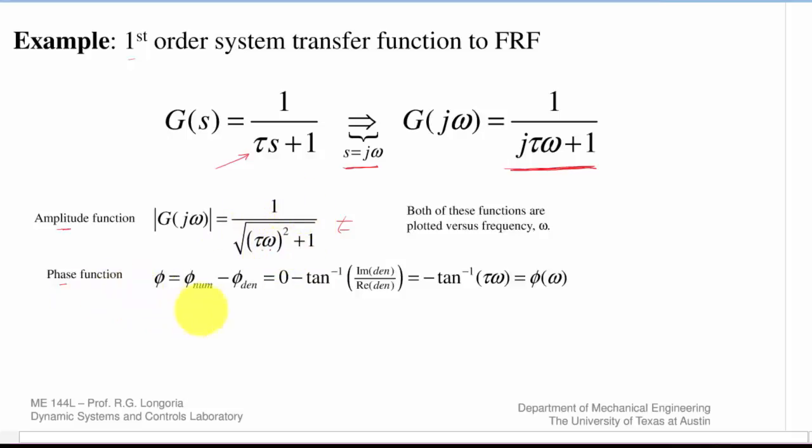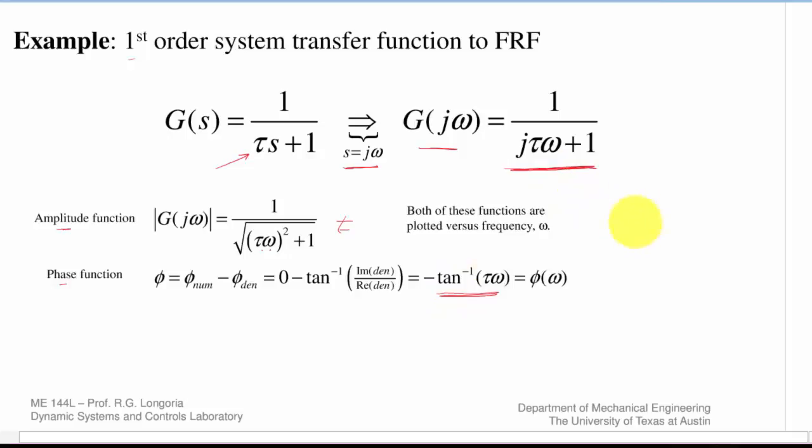Same thing for phase. We can find the angle for this complex number. In this case, we have 0 minus the angle of the denominator, and that's the arctan of the imaginary part divided by the real part. So at the end of the day, for a first order transfer function, we get negative arctangent of tau omega.